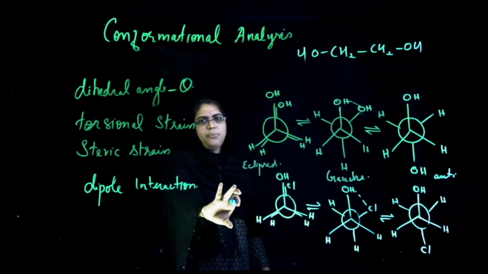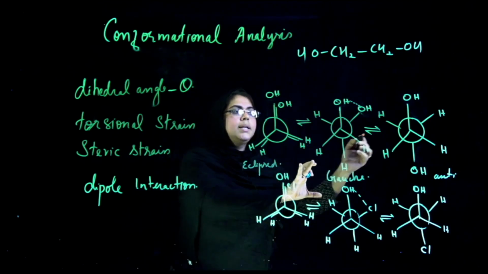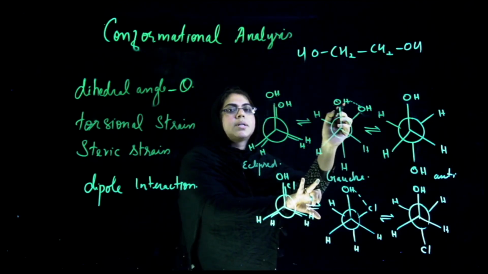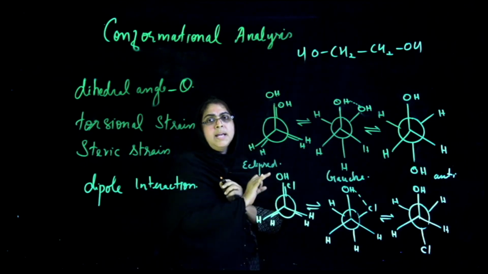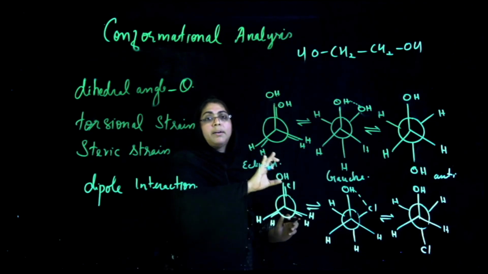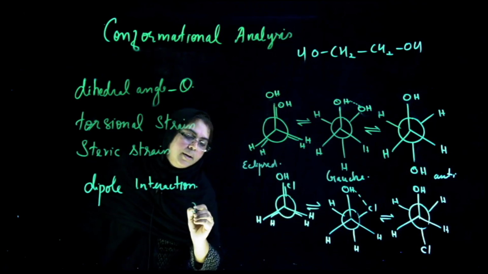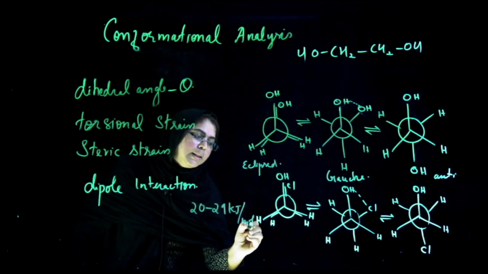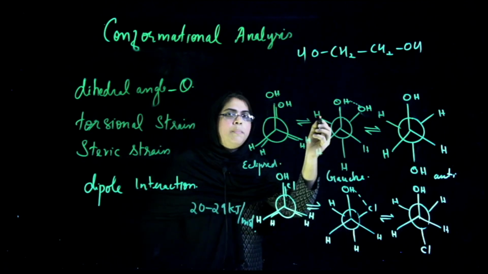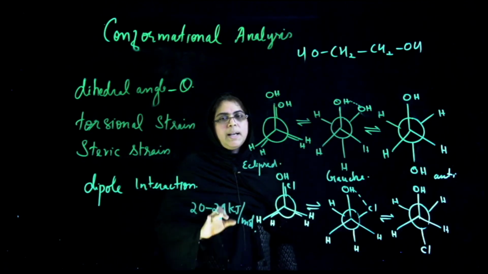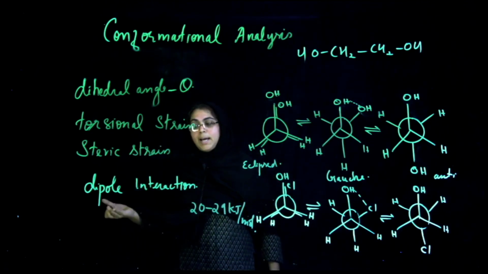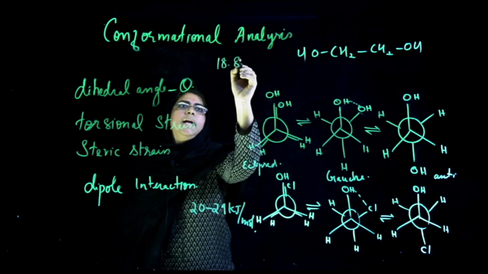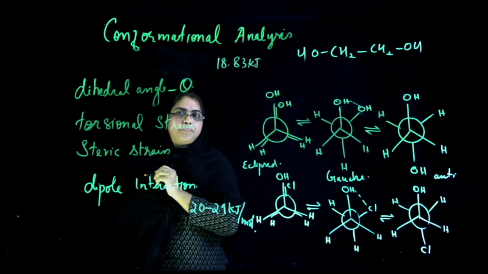Then among these two, Gaussian is stable because intramolecular hydrogen bond will be stabilizing. Here they will be stabilized with energy 20 to 29 kilojoules per mole, the stabilization of Gaussian form in this case. Whereas in the case of ethylene dichloride, the stabilization is 18.83 kilojoules per mole.